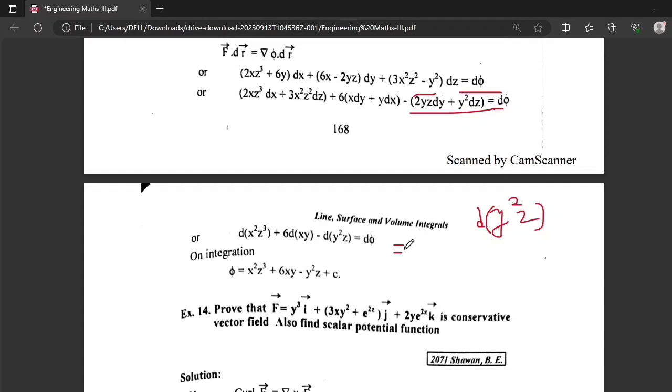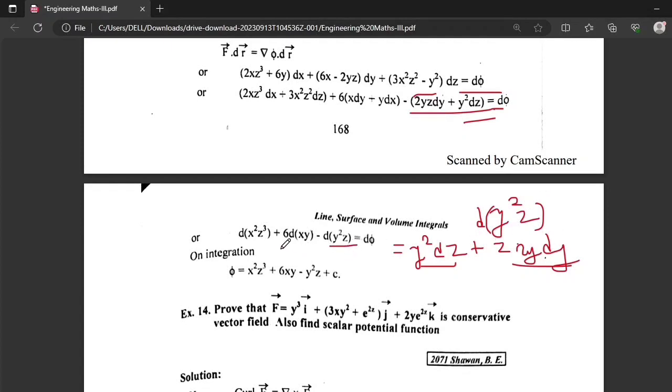Differentiating the first function and the second function: the derivative of y² is 2y dy, so it is y² dz and 2yz dy, the same thing as d(y²z).